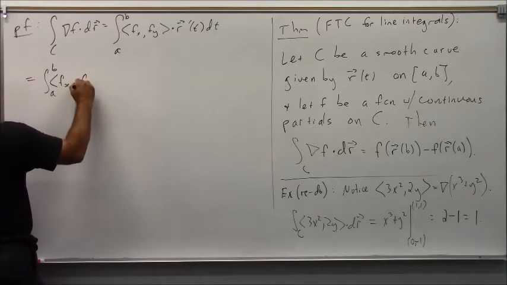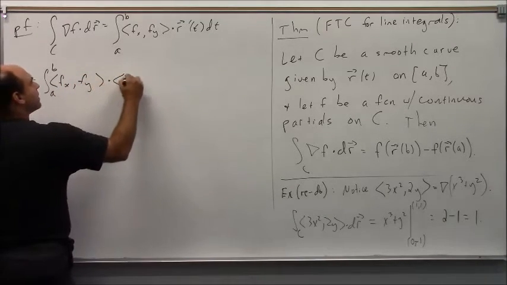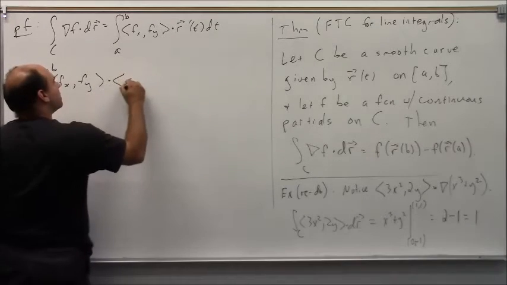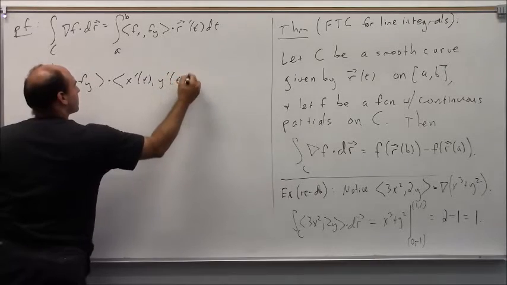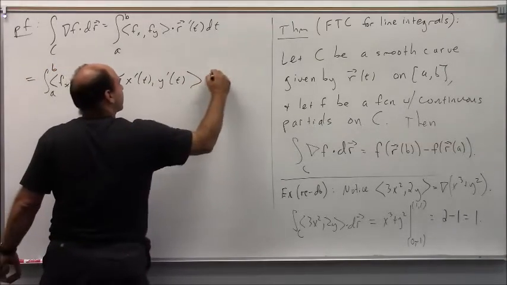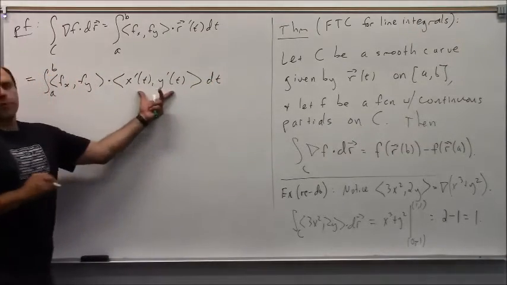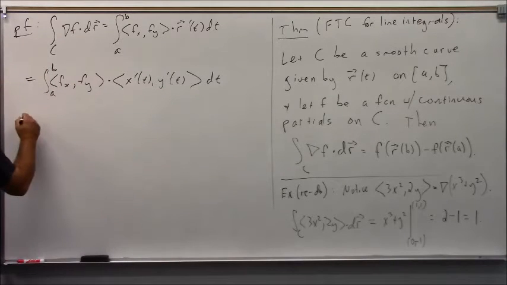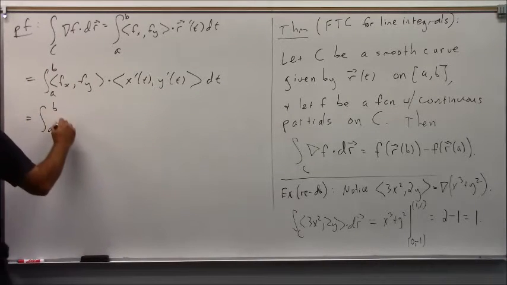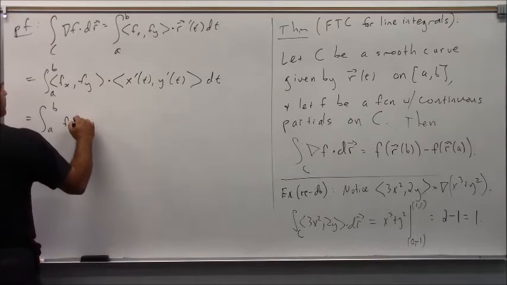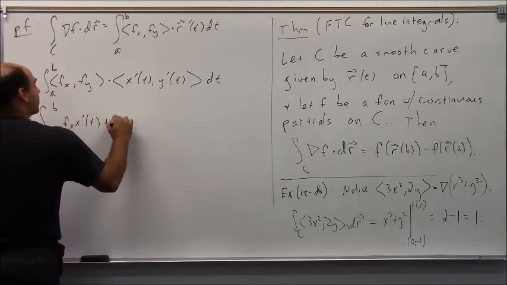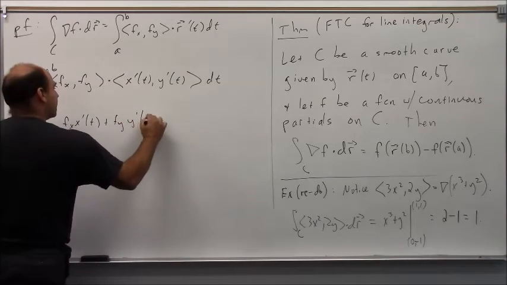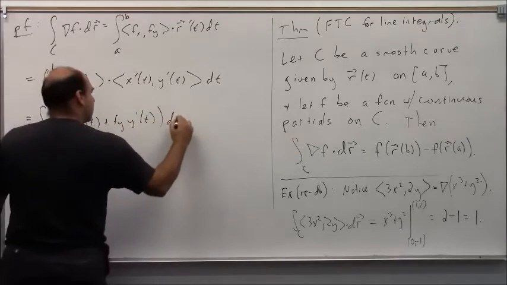Let me include one more step here just to be totally clear. r of t is given by x of t comma y of t. So here's r prime of t. And now I do my dot product. So this is fx x prime of t plus fy y prime of t dt.